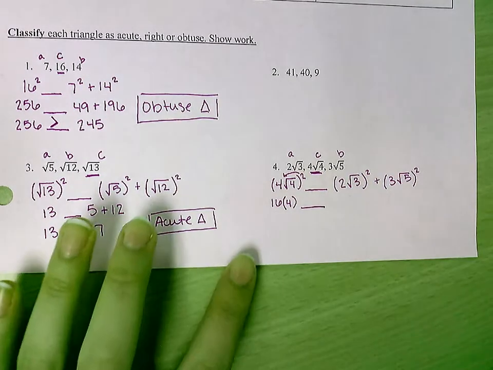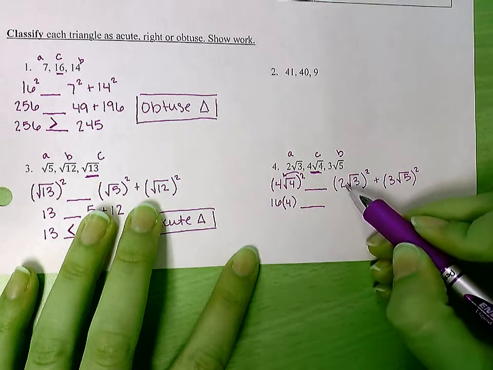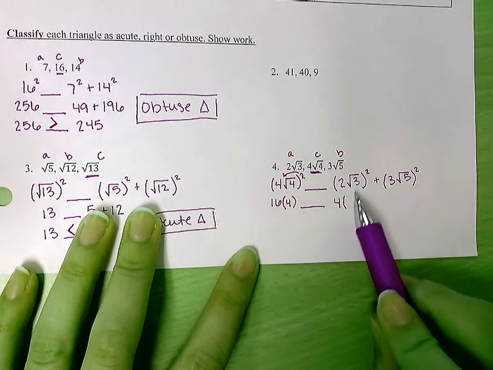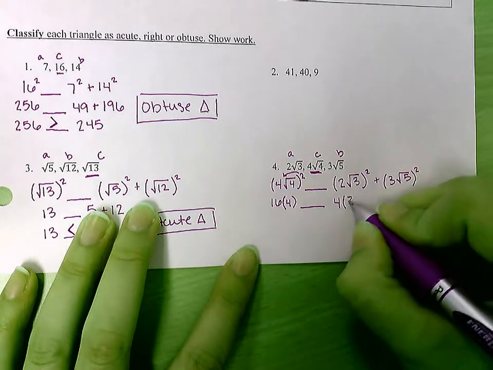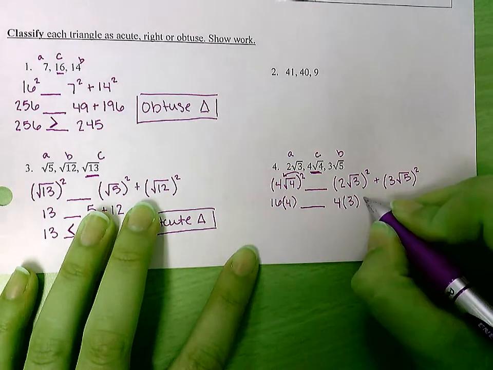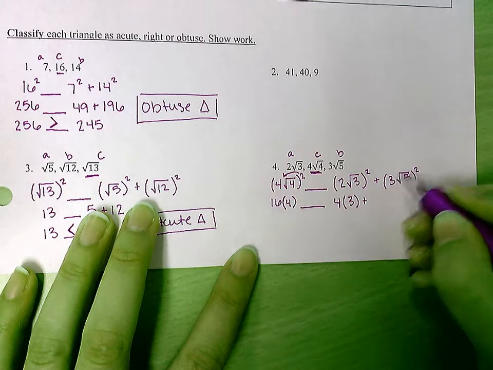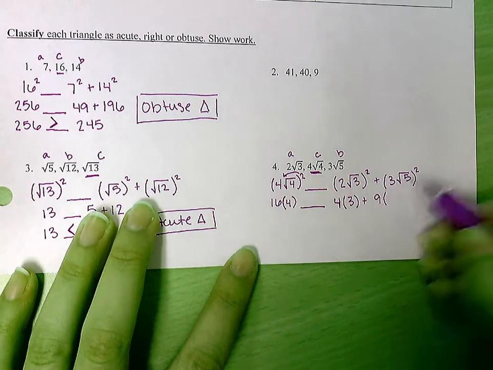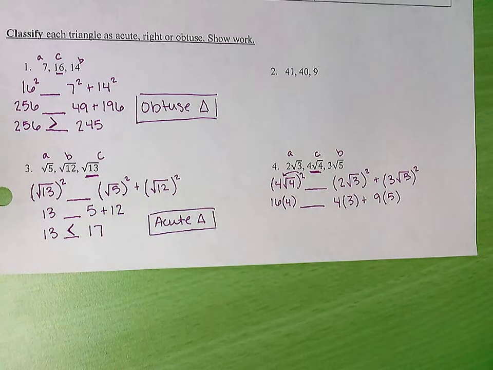Draw in my blank space. Again, distribute your squares. So I have 2 squared, that's 4. Then I have the square root of 3 squared is 3. Plus, distribute, we have 3 squared is 9 times square root of 5 squared is 5, because that square root cancels.